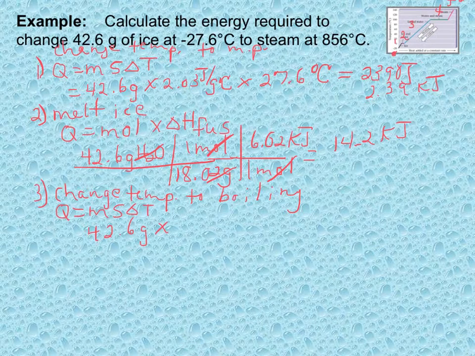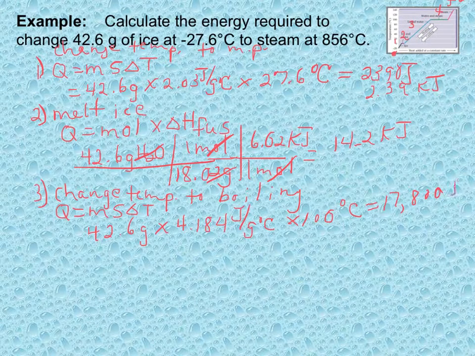Specific heat of water now, we're in the liquid stage, is 4.184 joules per gram degrees Celsius. And our temperature change is 100 degrees Celsius. And when we calculate that, it turns out to be 17,800 joules, or 17.8 kilojoules.